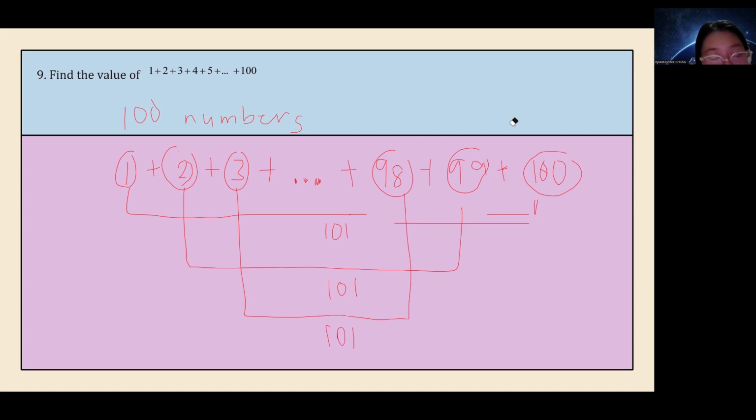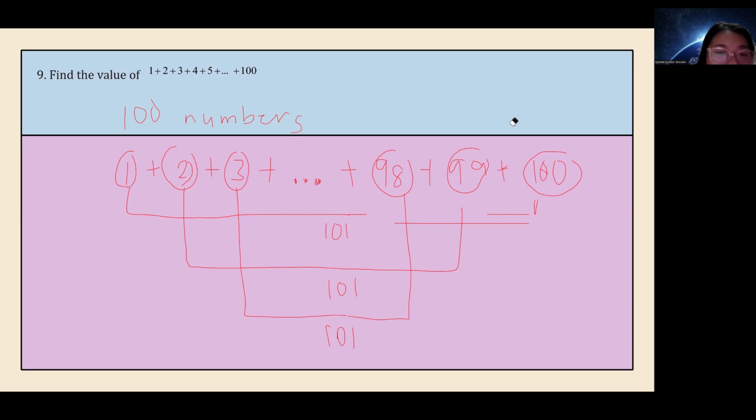Okay, this is possible because our numbers are consecutive. So now, if we take two numbers each time, and each time the sum is always 101, how many pairs of numbers would we have such that we can always get a sum of 101?